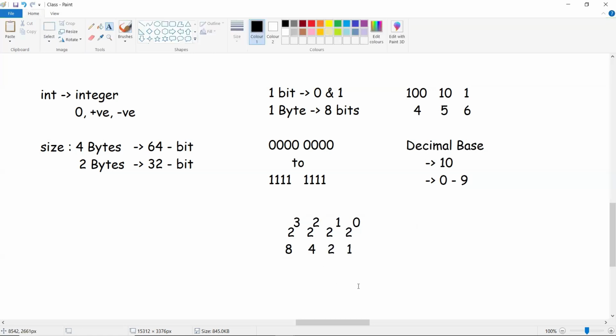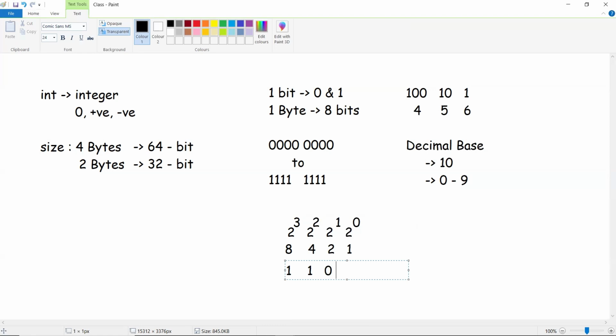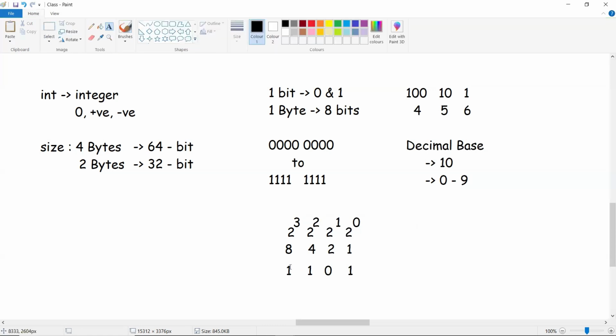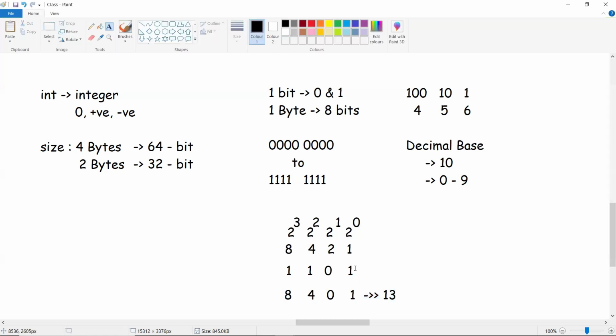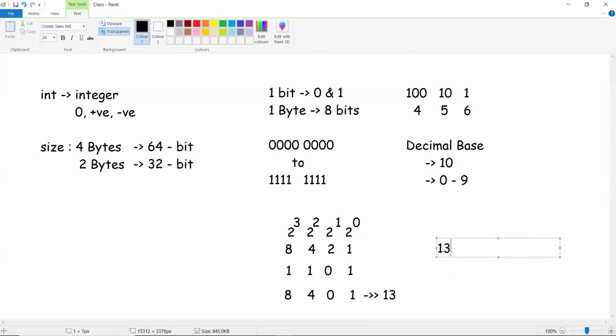Now if I take any value, say 1, 1, 0, 1: 1 into 8 is 8, 1 into 4 is 4, 0 into 2 is 0, 1 into 1 is 1. This whole value gives me 13. So 13 in decimal base is represented in binary base as 1101.